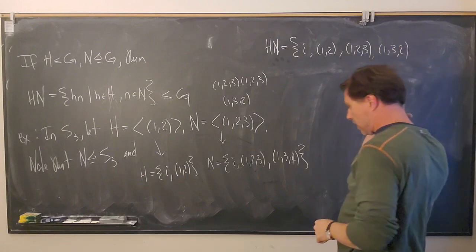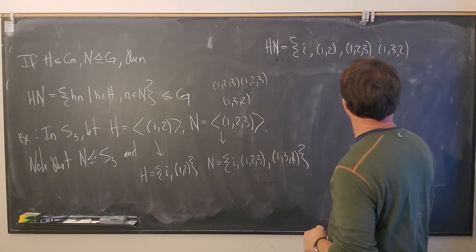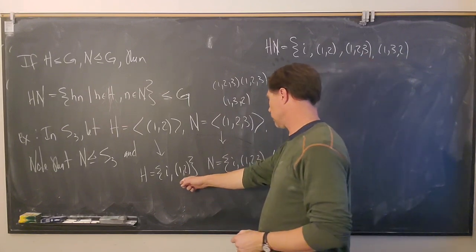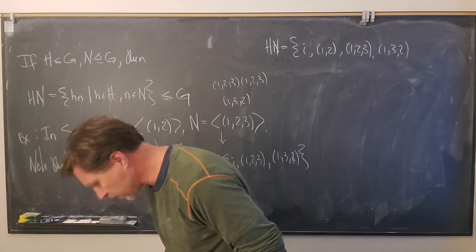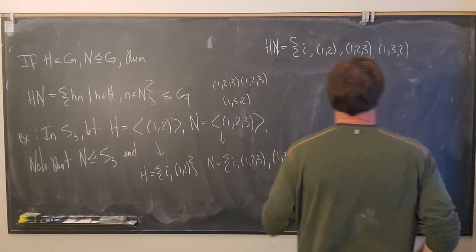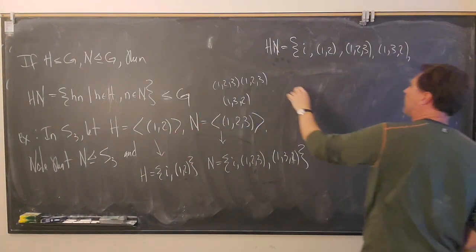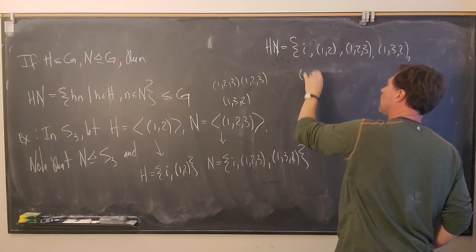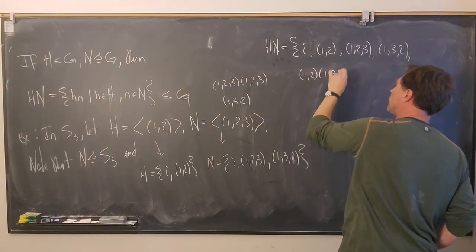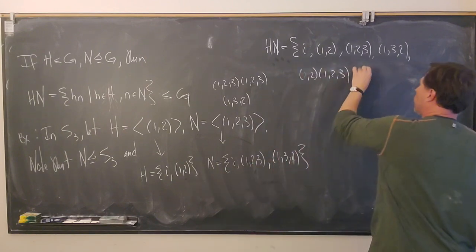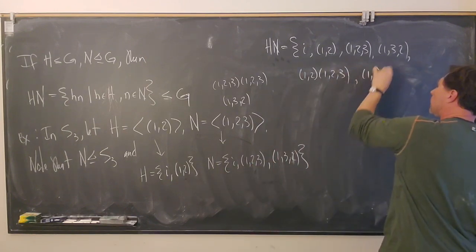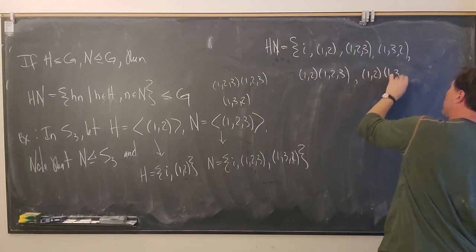Then I will have (1 2) times (1 2 3). And if you check, well, okay, let me write it out. So it's (1 2) times (1 2 3). And then the last one, when I do (1 2) times this piece, we'll get (1 2) times (1 3 2).